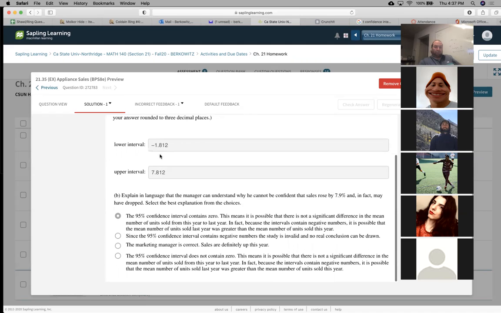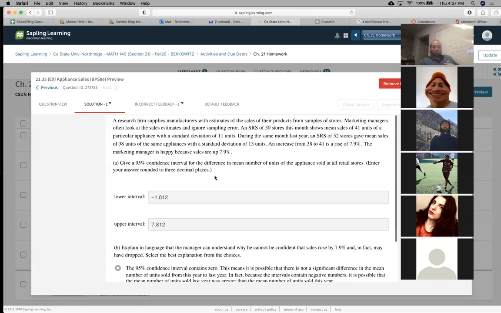Since we don't know where we are in this interval, it's just as likely to be closer to negative 1.8 as it is to be close to 7.8. Maybe it did drop. In fact, because this interval contains negative numbers, it's possible that it went down. So Jaden said those are the numbers he got. Those are the numbers I got.